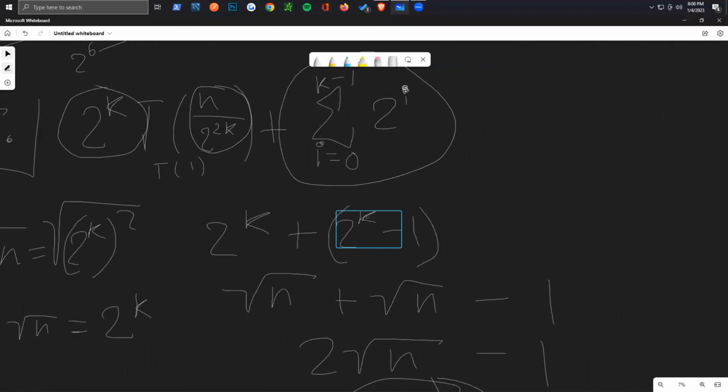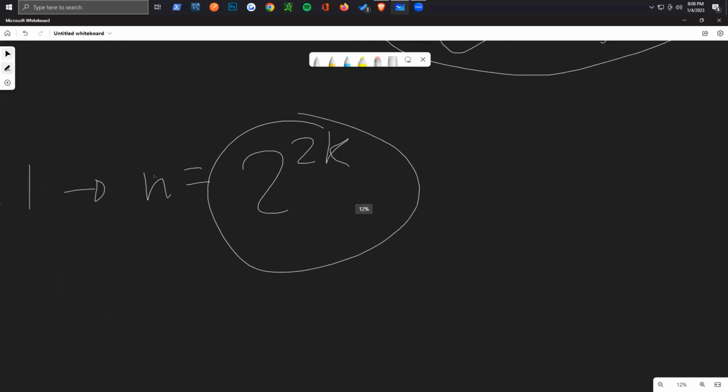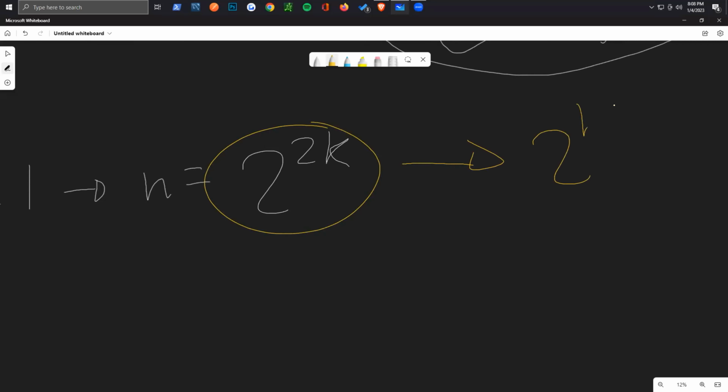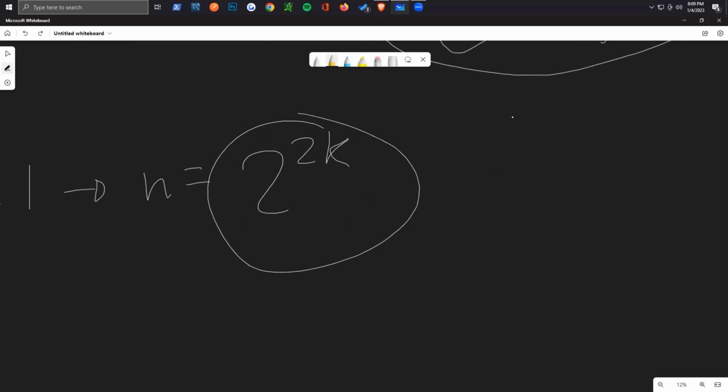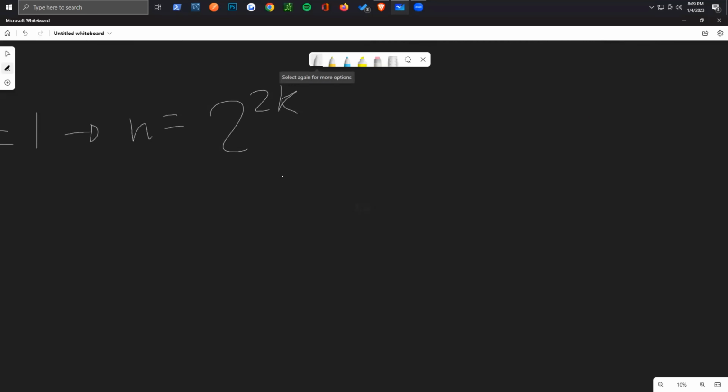So now that we know that, we have a 2 to the k and a 2 to the k. So we have to think, how can we go from what we have right here, n equals this term, to something that's 2 to the k? And the way we can do that is by using the square root, because there are rules to the powers where these things are equivalent.